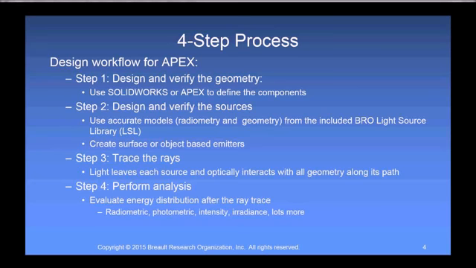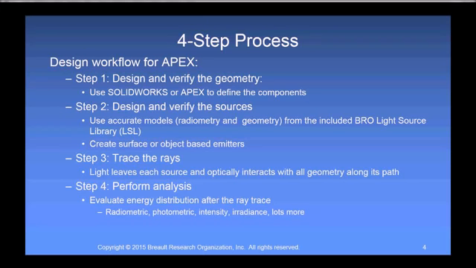You can also create within the Apex environment your own emitter, either simple or complex, using surface or object-based geometry. You can design those to have any type of radiometric or photometric distribution that you would like.